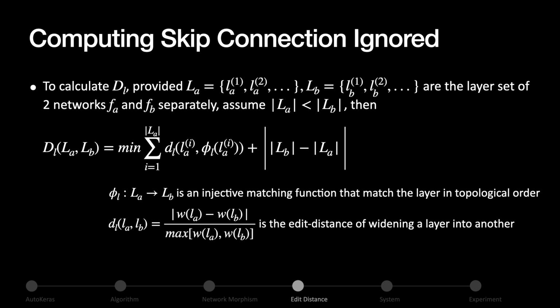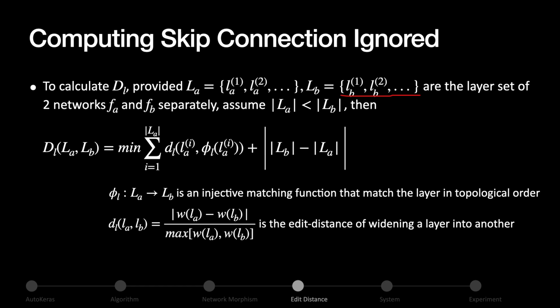Previously, we've mentioned that edit distance is approximated by the combination of a skip ignore distance dl plus a skip only distance ds. We will now check the details about how to calculate dl and ds. To calculate dl, provided we have 2 networks, FA and FB, for each layer in FA is LA equals LA1, LA2, and for each layer in FB is LB1, LB2.